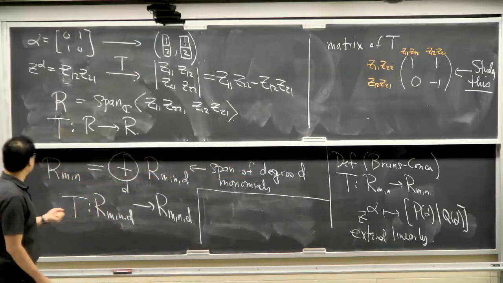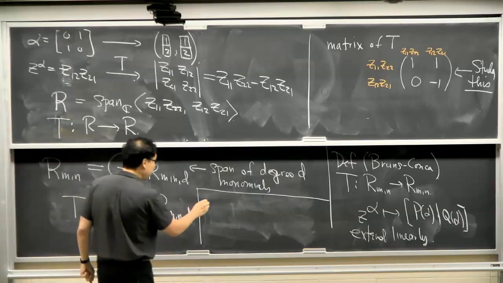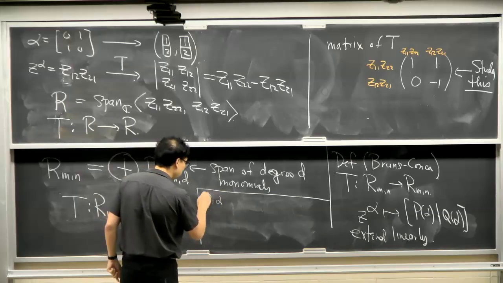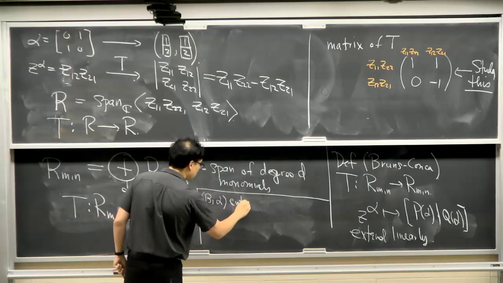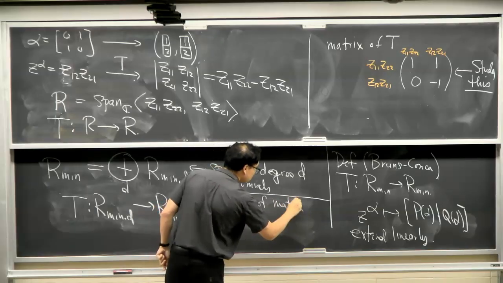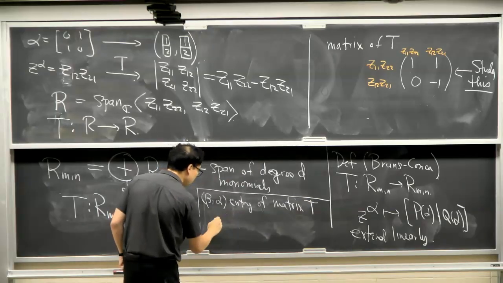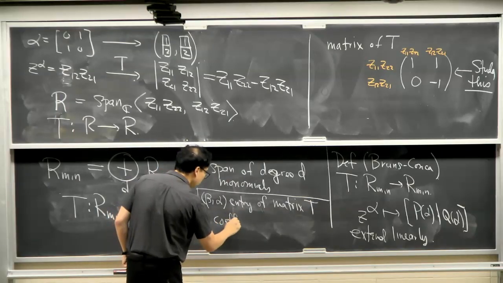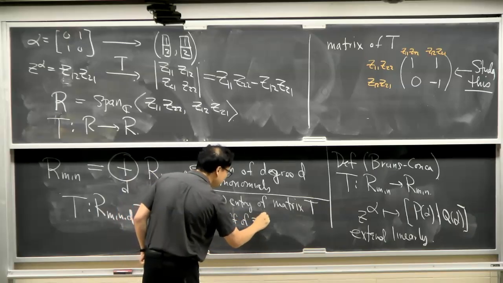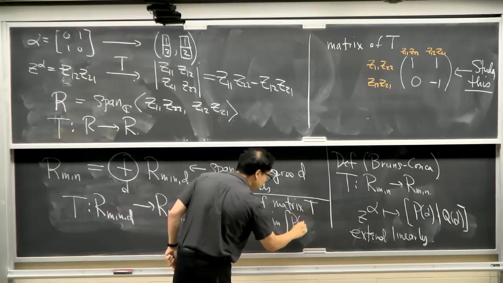Now, as a matrix, there isn't any mystery. The beta alpha entry of the matrix of T is just the coefficient of the monomial C to the beta in this bitableau.